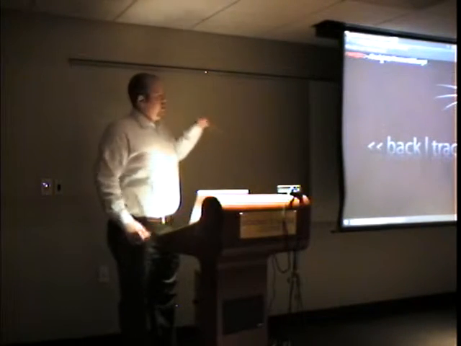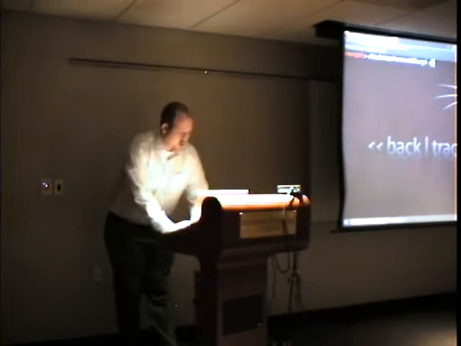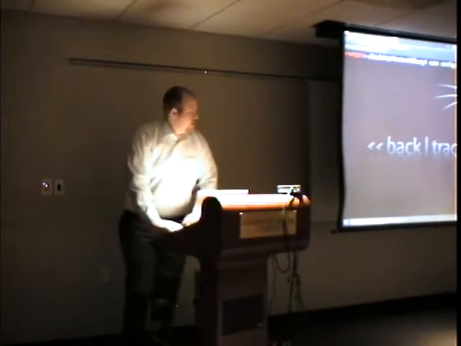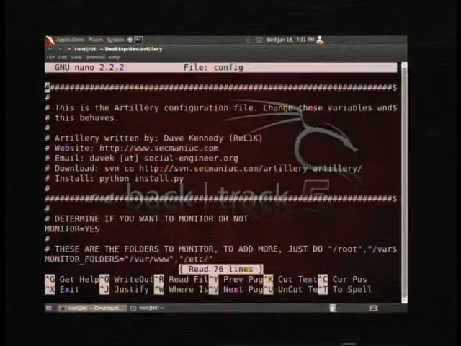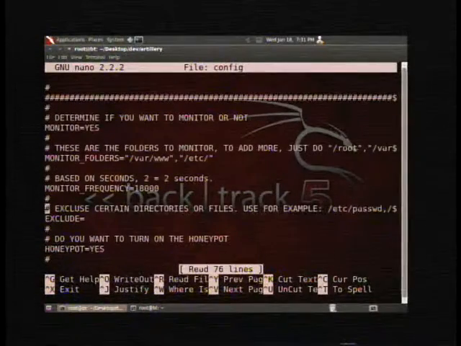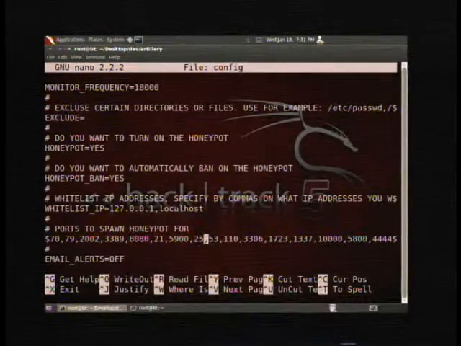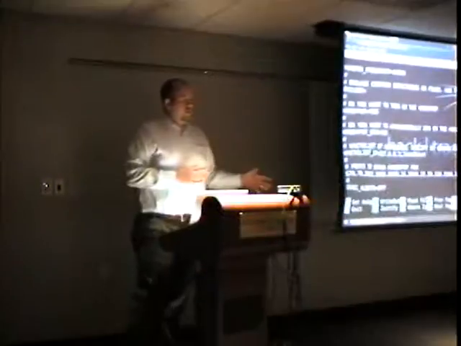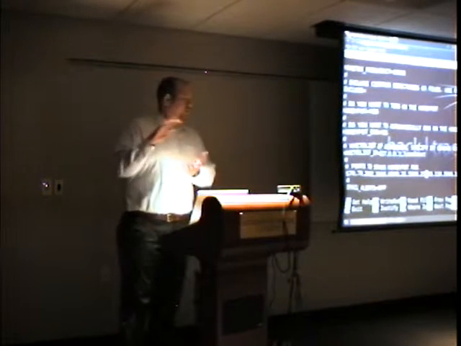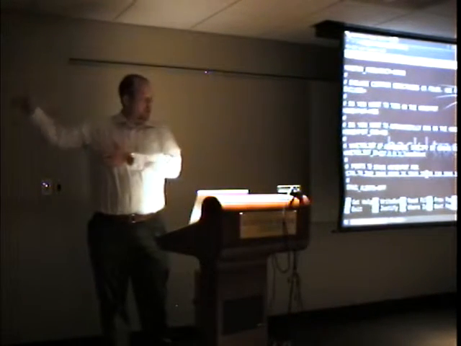But what it does is it sets up a bunch of ports. And just to show you, if you go into the config, which is under the Artillery directory, here's the configuration file. Here's all the ports that it listens on by default, but you can add as many as you want to. And so, as an attacker, the first thing I'm going to do when I'm profiling a system to compromise, or multiple systems to compromise, is I'm going to port scan it, look at what ports are open, see what's there, possibly look for some vulnerabilities, attack it, and go after it, right?